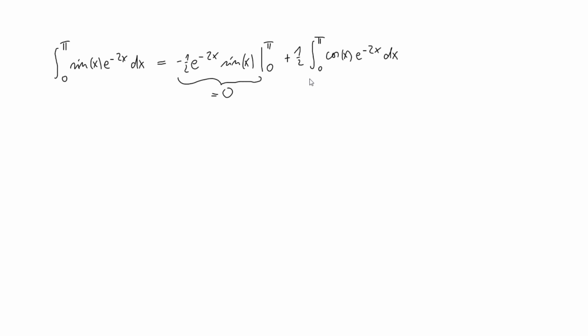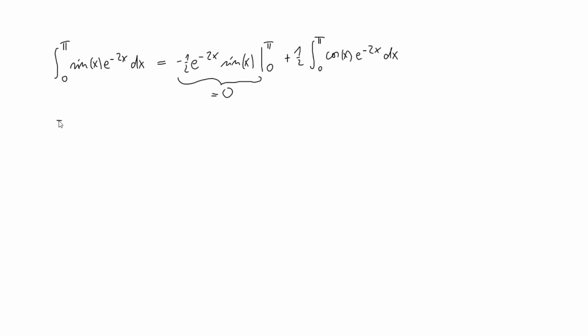And now we have an integral here again, which again has a product as an integrand. So we are going to apply now the second time integration by parts, and again we are going to anti-derive e to the minus 2 times x.